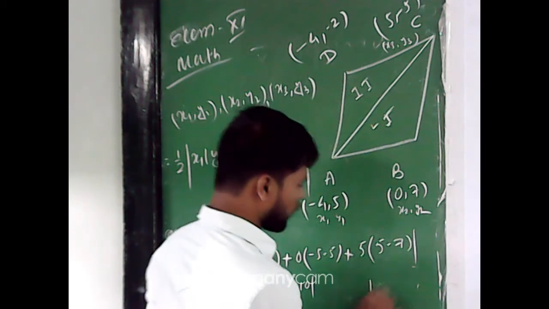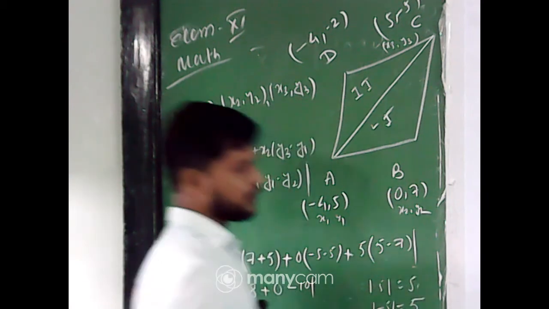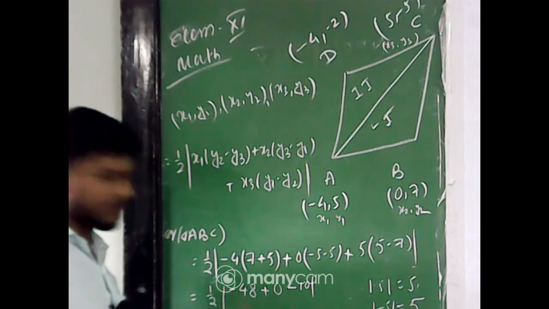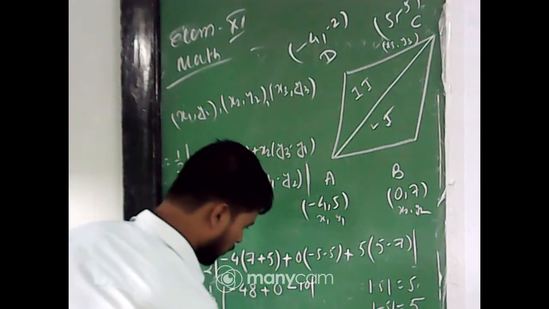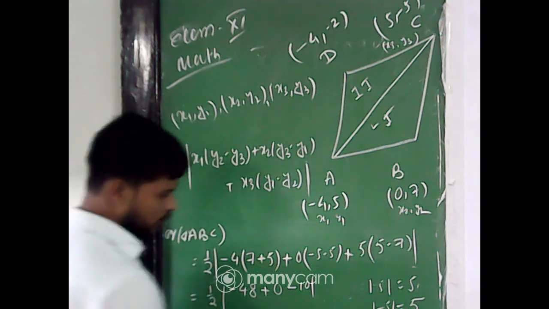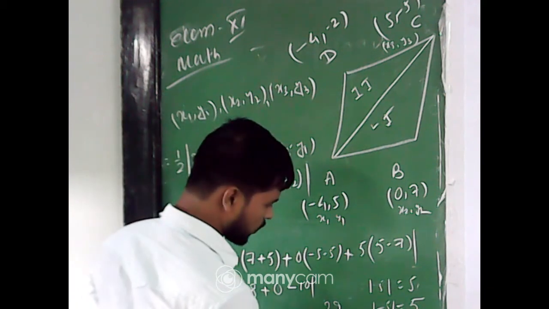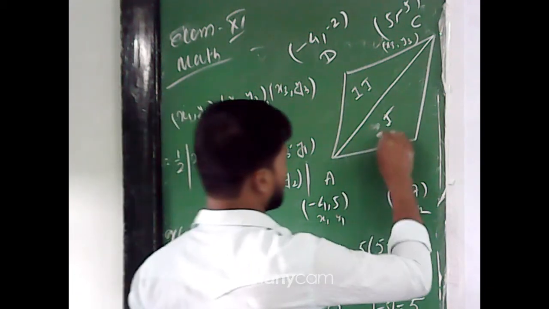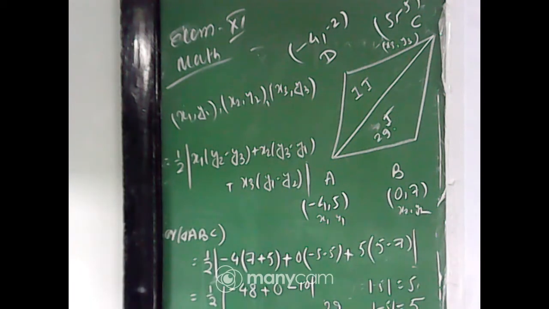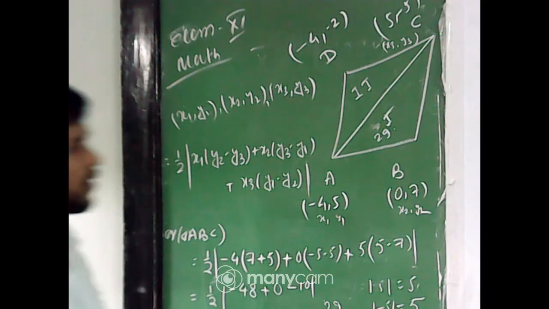For example, mod of 5 is 5, mod of minus 5 is also 5. So modulus of any number is a positive number. So modulus of 58 will also be positive, that is half of 58. Two 29s are 58, so this is 29. So area of the first triangle is 29 square units.